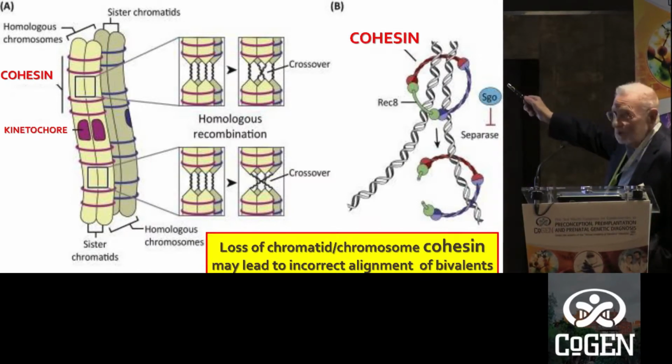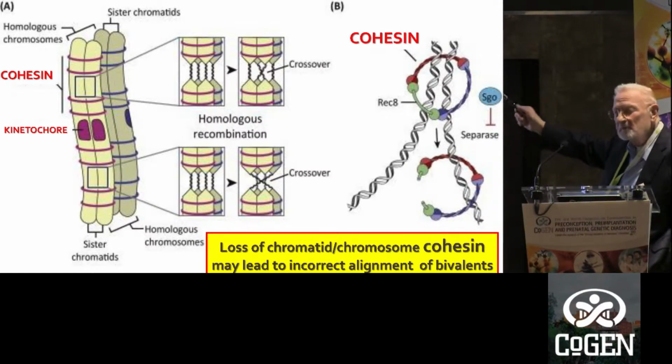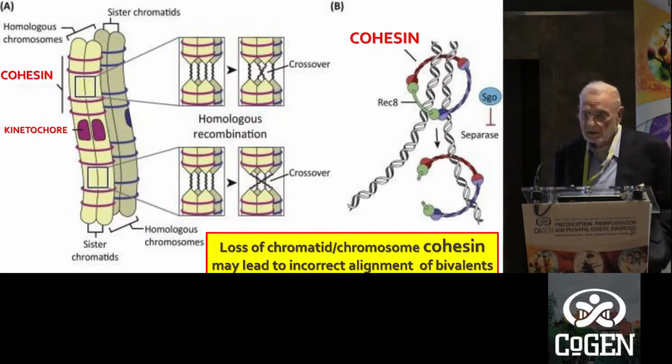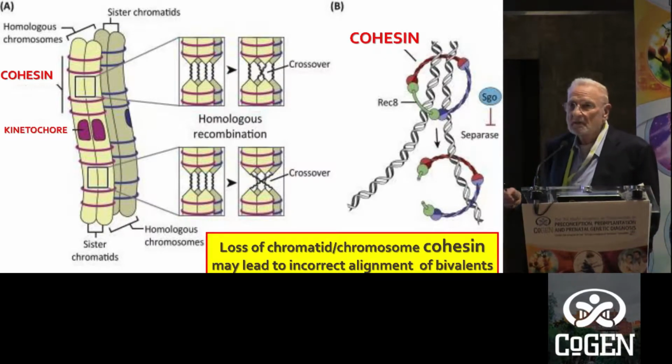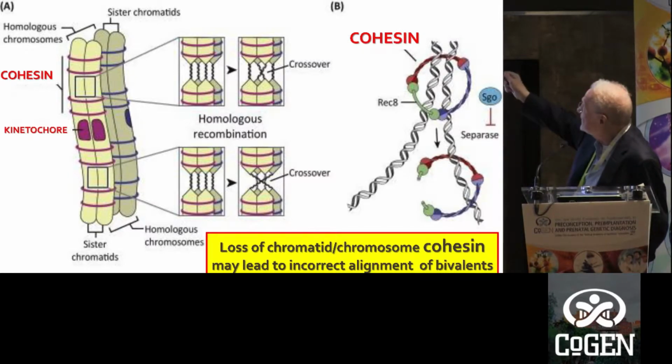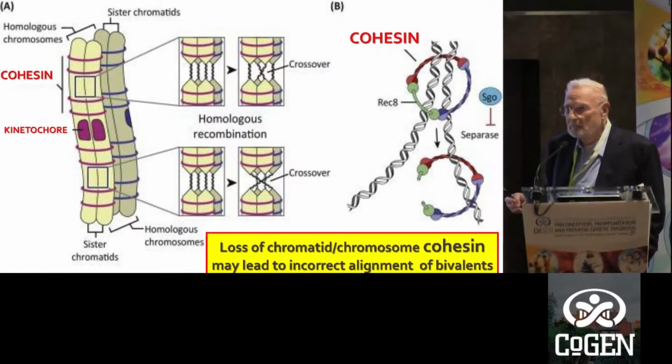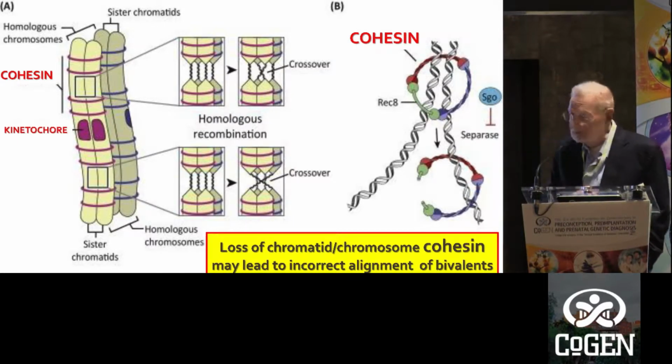Rec8 is the most important one because that's the entrance and exit, primarily exit of chromosomes. And this illustrates the two chromatids being held together by this circular structure of cohesion. So for each of these subunits of the cohesion molecule, you have a whole series of biochemical reactions contributing to their formation and their function.